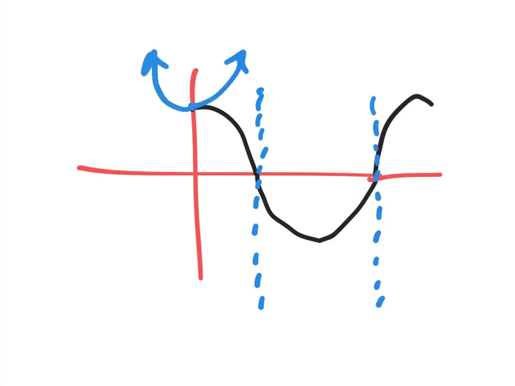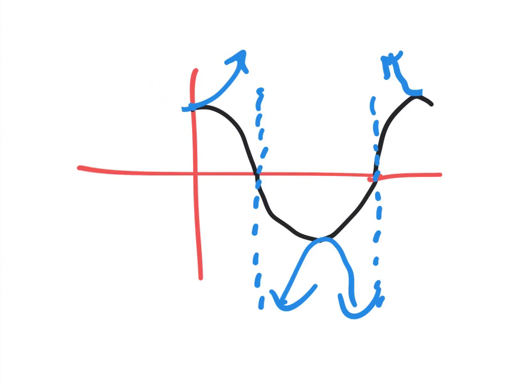And I could go like this, I could go like that, and I could go like this. But usually we cut it off right here and right here because that way we're only showing exactly one period of cosecant. Sorry, that's secant.